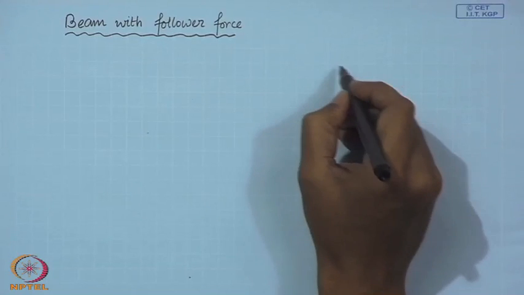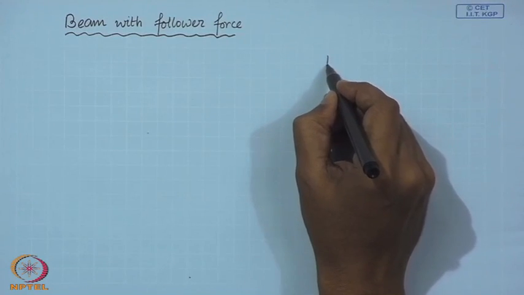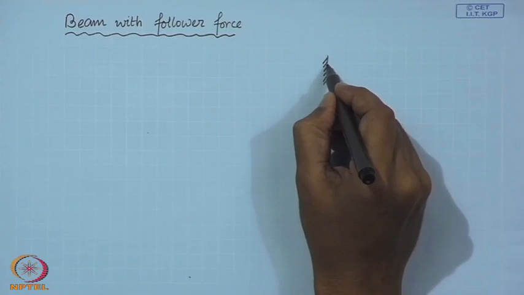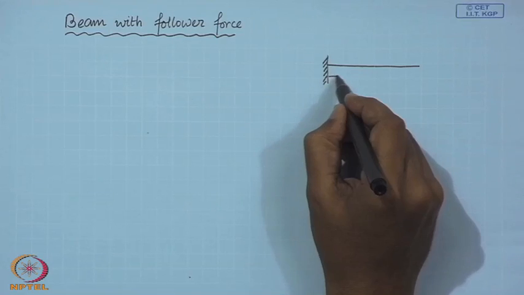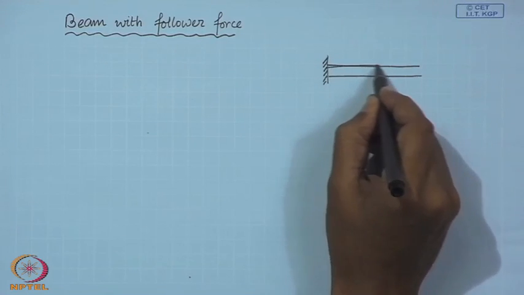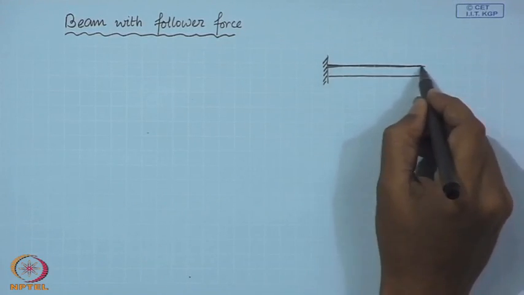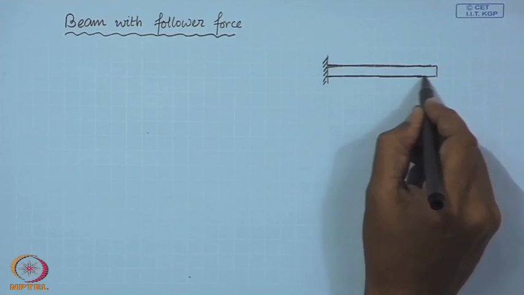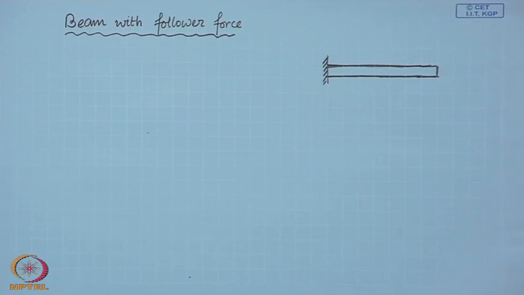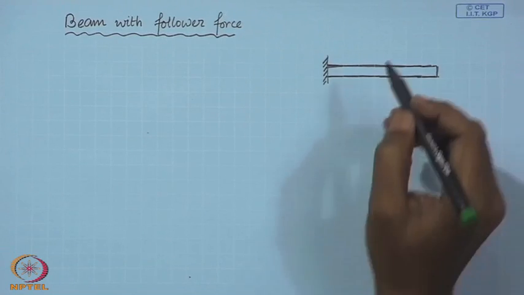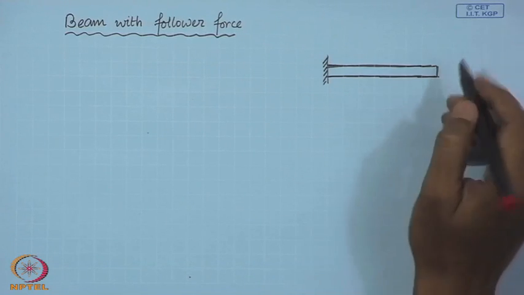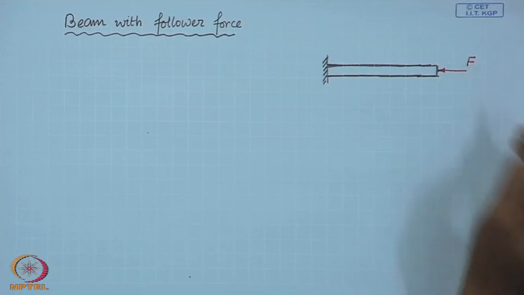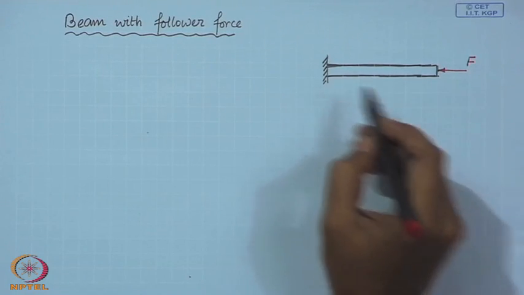So, let us consider a cantilever beam with a force at the free end. This is an axial force once again.